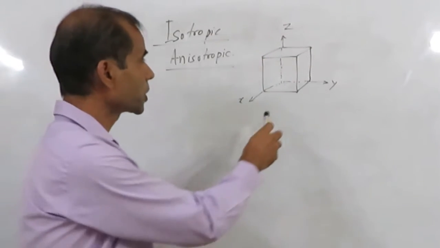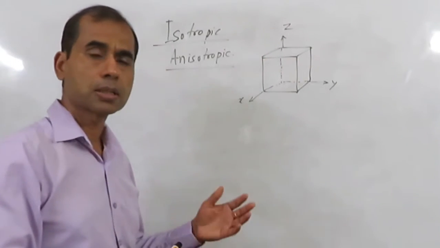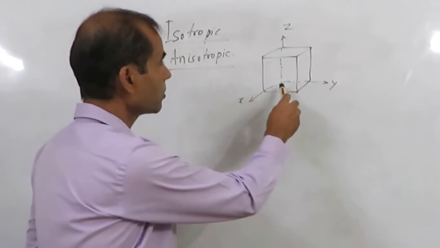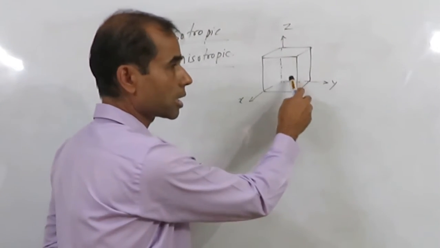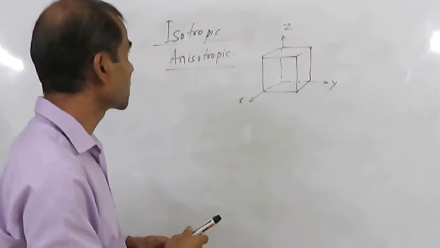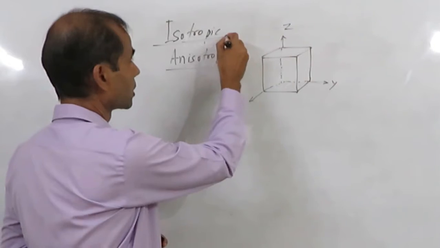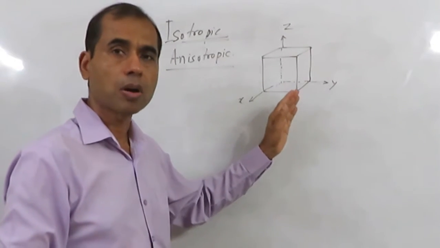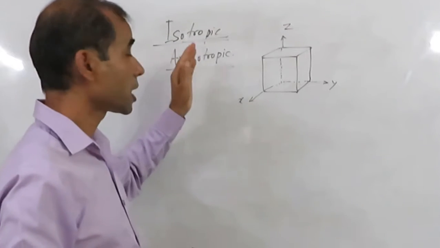If the mechanical properties such as modulus or strength of the material are same in all directions, in any direction you measure, you get the same property, then we call it isotropic. So mechanical properties are same in all directions, then it is called isotropic.